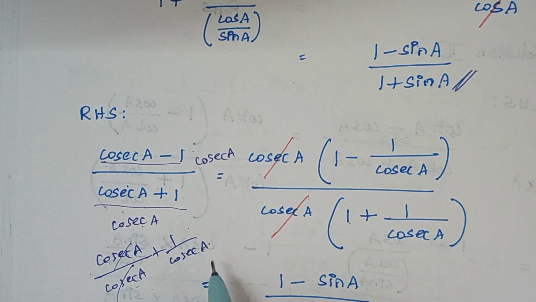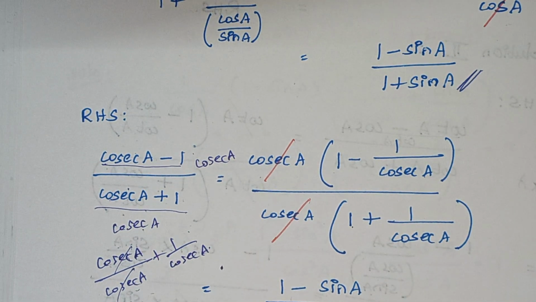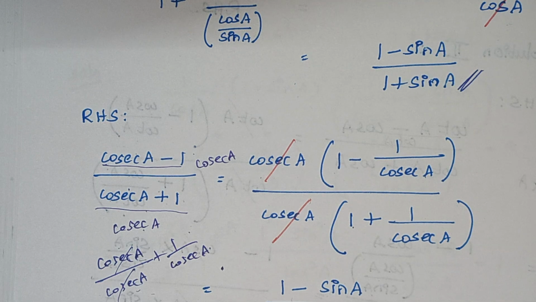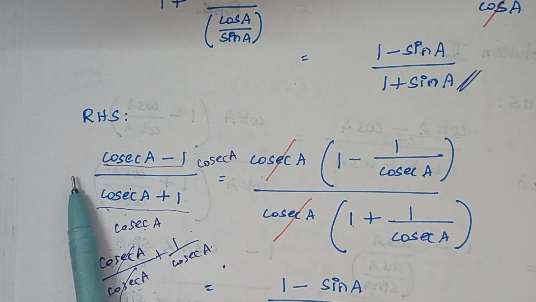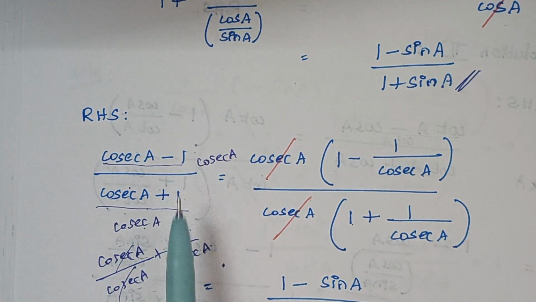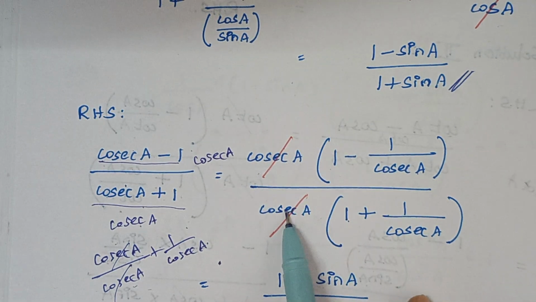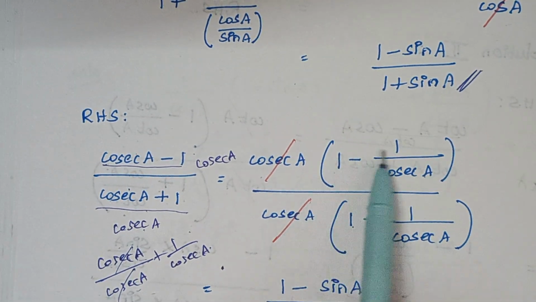So 1 plus 1 by cosecant A. Right. So this is what we are getting here. If you don't know how to take this cosecant A outside directly, just divide both numerator and denominator by this cosecant A. That's it.